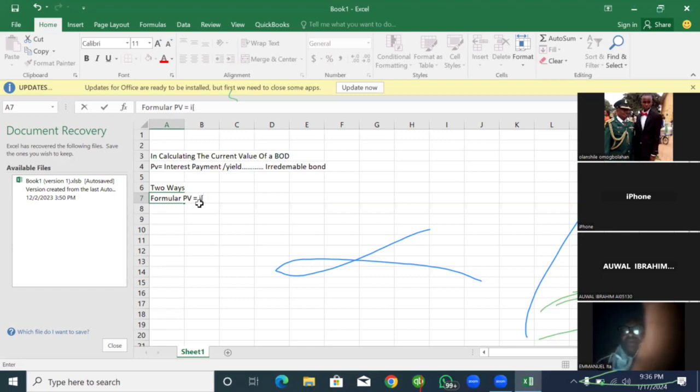So I wrote the annuity formula for us in our last class, but I'll still write it again. PV equals interest. You first discount your interest. After discounting your interest, you put your annuity formula, which is 1 minus (1 plus r) raised to power minus n, over r.